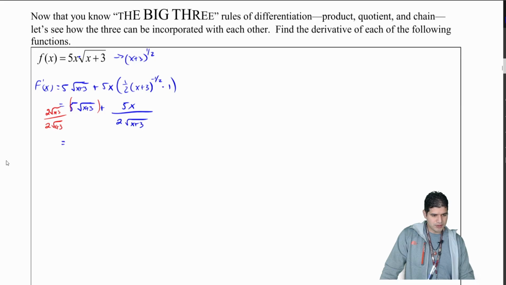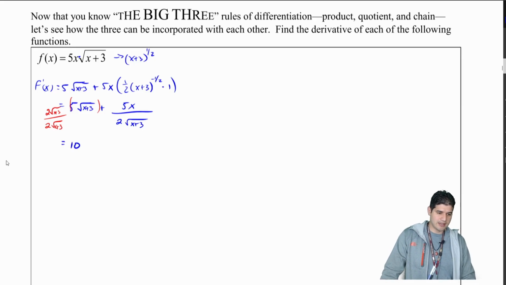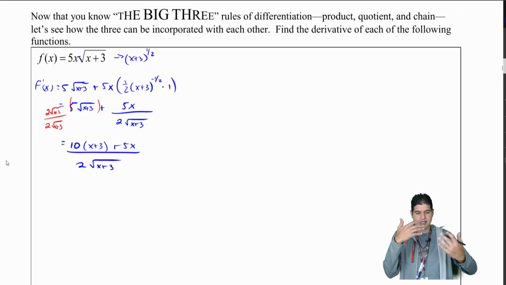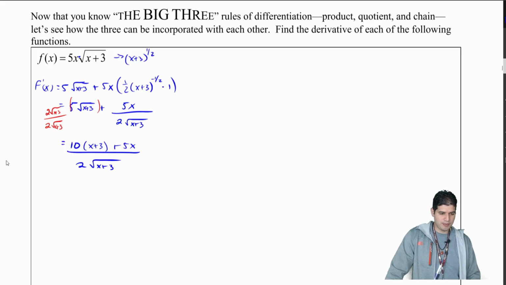And so 5 times 2, I'm going to get 10. And x, square root of x plus 3 times square root of x plus 3, that's going to be times x plus 3. And then I'm going to have the plus 5x now. And then in my denominator, I'm going to get 2 square root of x plus 3, because I just kind of combined them all in one step. What I can do here is I could probably distribute the 10.